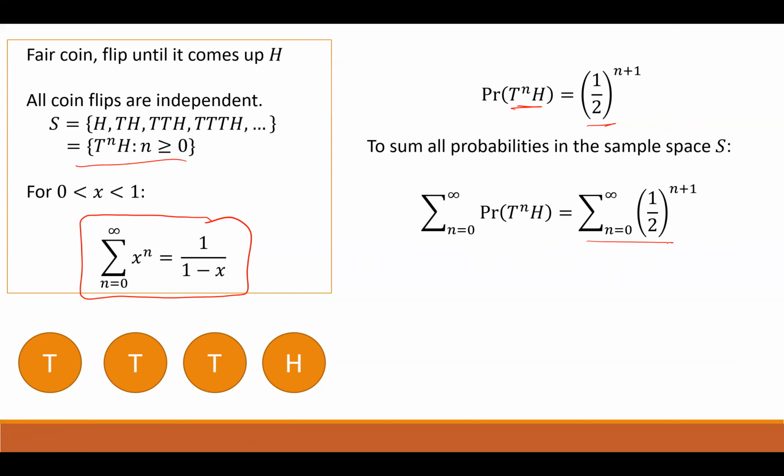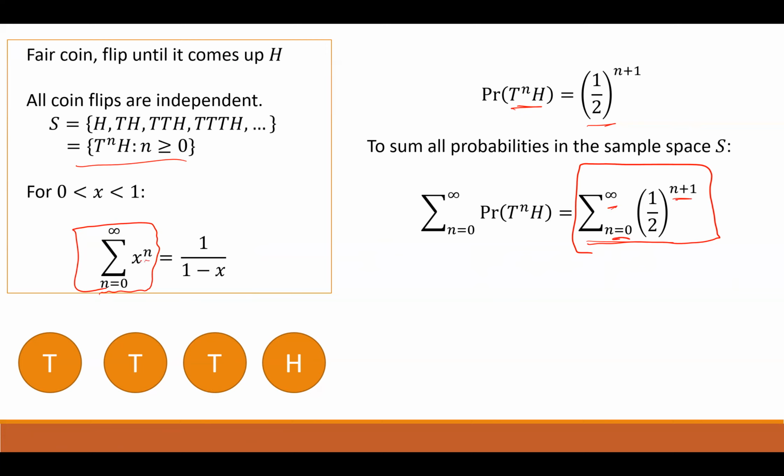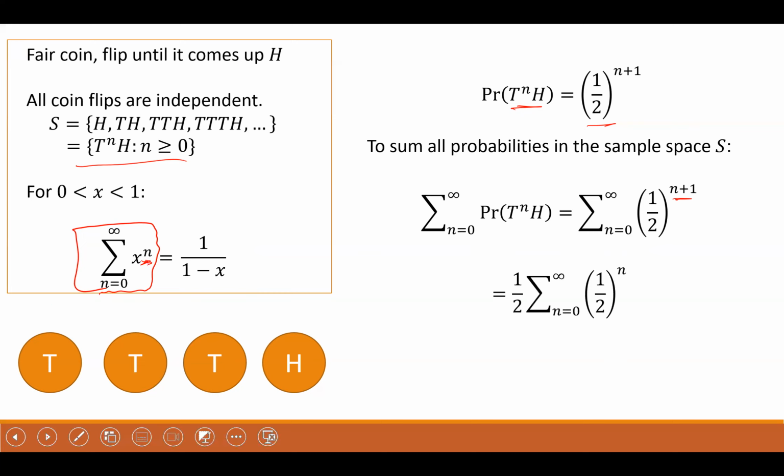Hopefully that's pretty straightforward. Now, this is not quite in the form that we want. We want something that looks like this. So we have n equals 0 to infinity, but we have an n plus 1 instead of an n. So we're going to get rid of that n plus 1 and make it look like this thing. So what we're going to do is just factor that out, right?